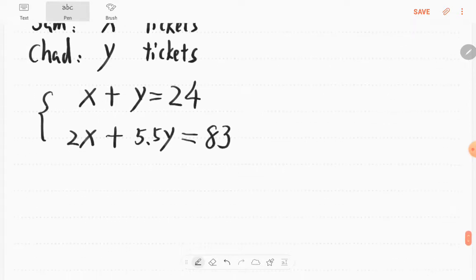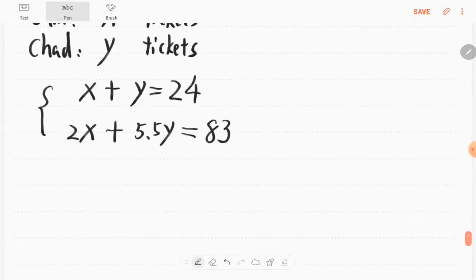Here we can use many ways, right? We can use substitution. You can write y equals 24 minus x, then plug into the second equation and you will get the answer. If you write x equals 24 minus y, then plug into the second equation, you'll get the answer also. But here I want to use one substitution method.